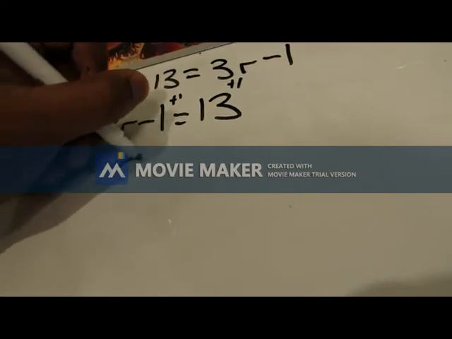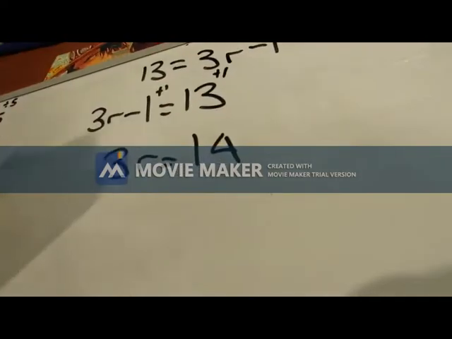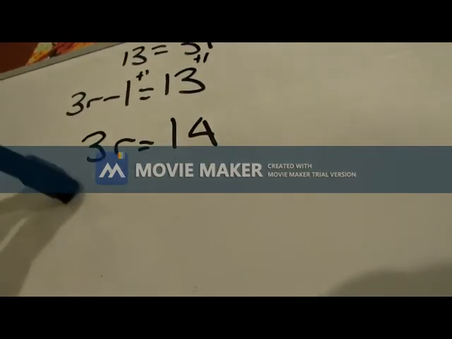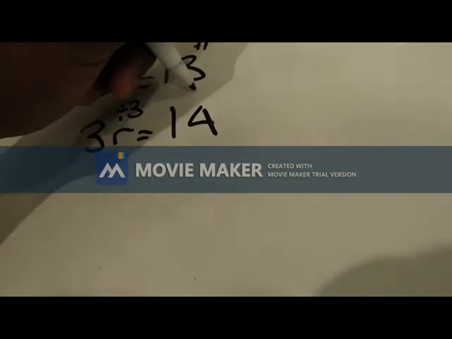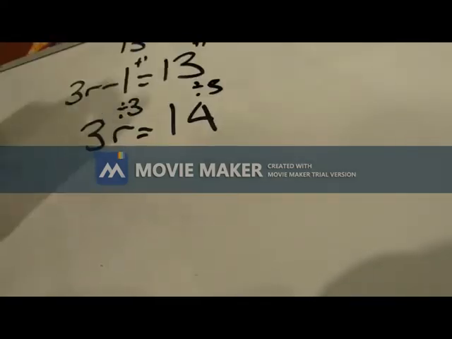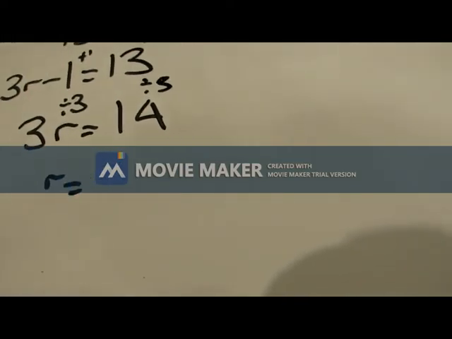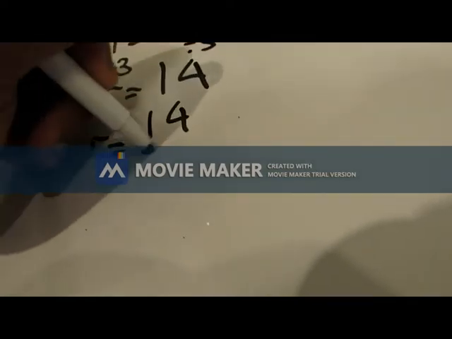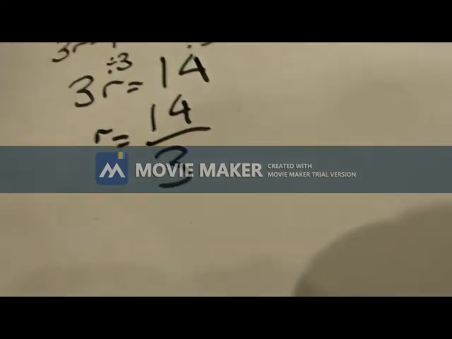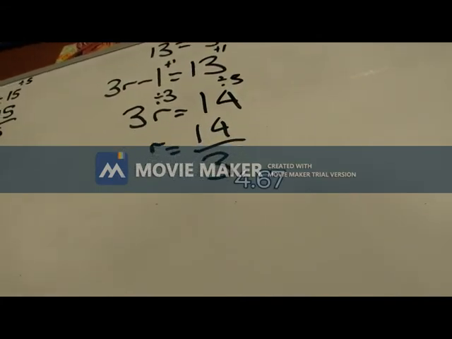So it'll be 3r equals 14, and then you divide by 3 on each side. So r equals 14 divided by 3. You would obviously have to solve for that, but I don't really have a calculator handy.